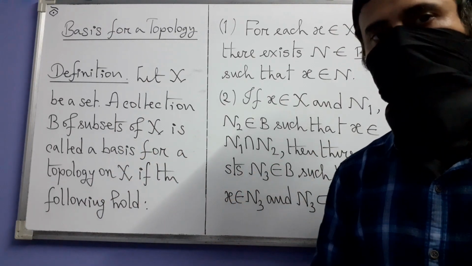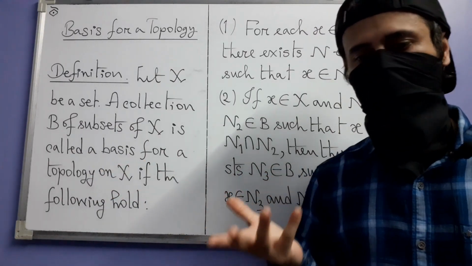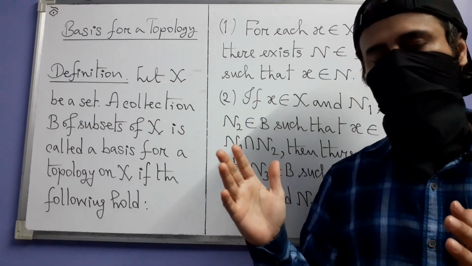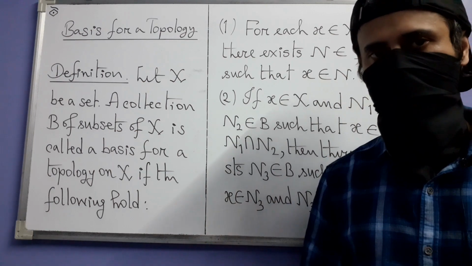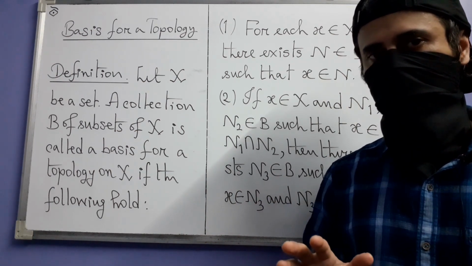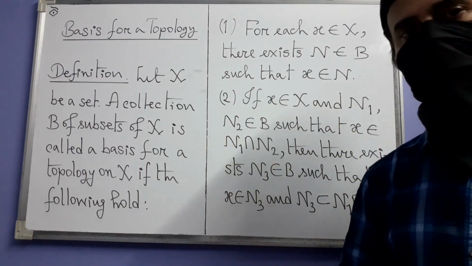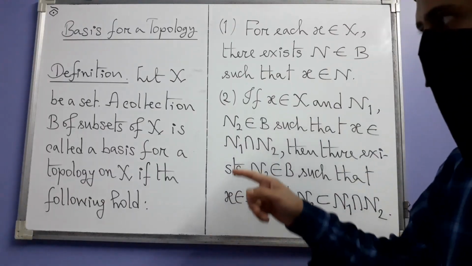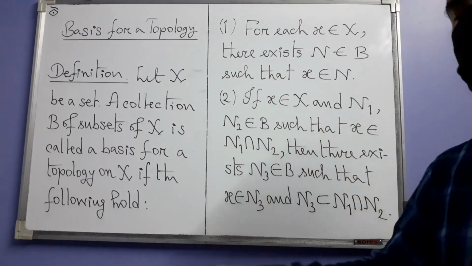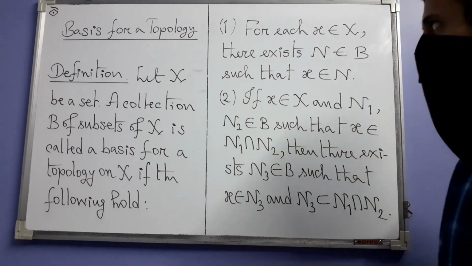There may be others. That's why a basis. And it matches with what we have in linear algebra, where vector spaces have bases, and a vector space usually has more than one basis. So the situation is the same here also. But such a B will be called a basis for some topology on X if these things happen. Now let us see what these conditions are.